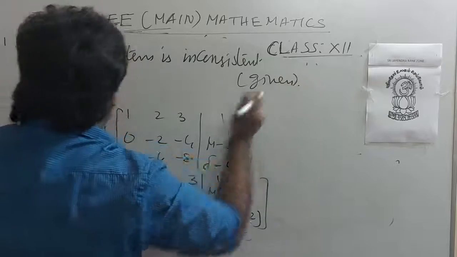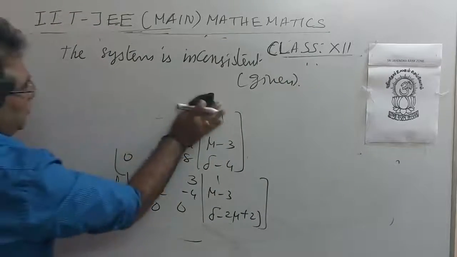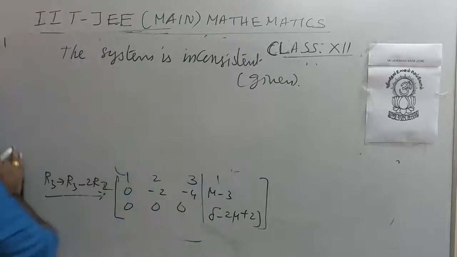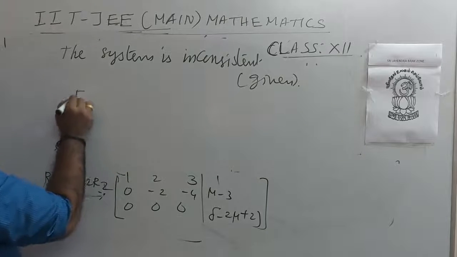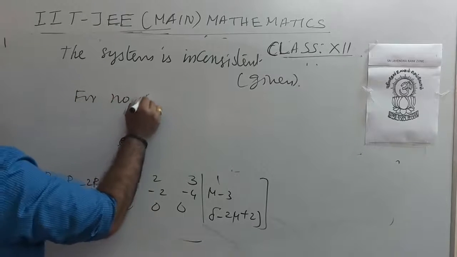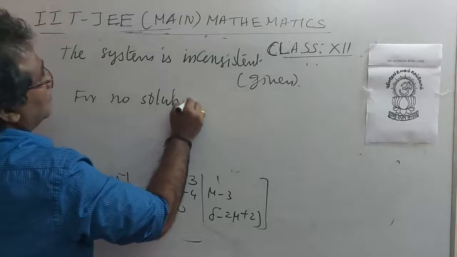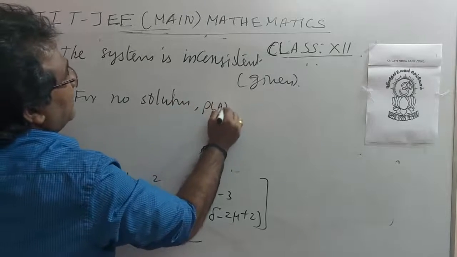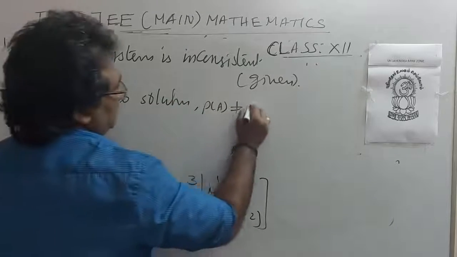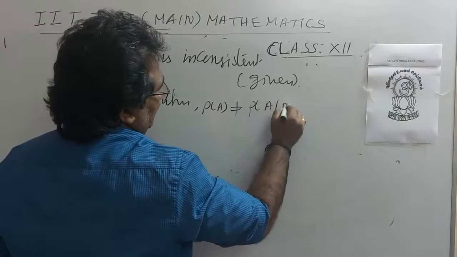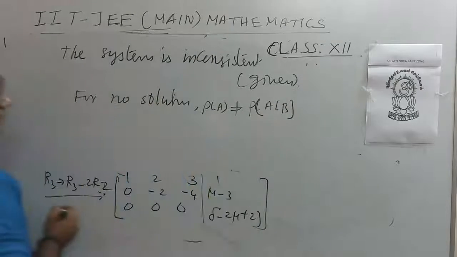That means it has no solution. Rank of A is not equal to rank of AB.